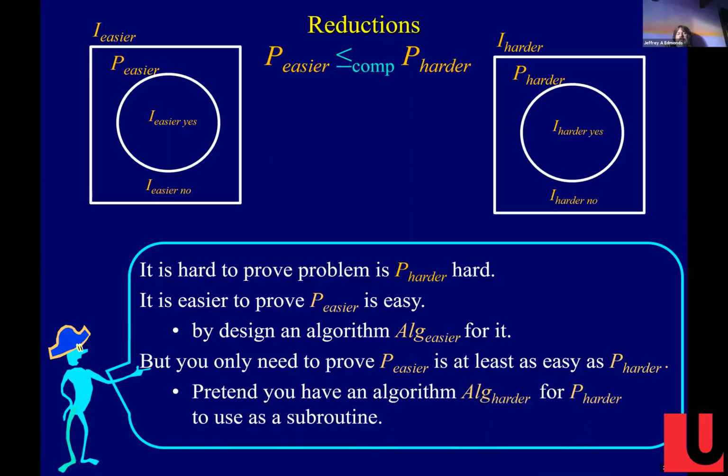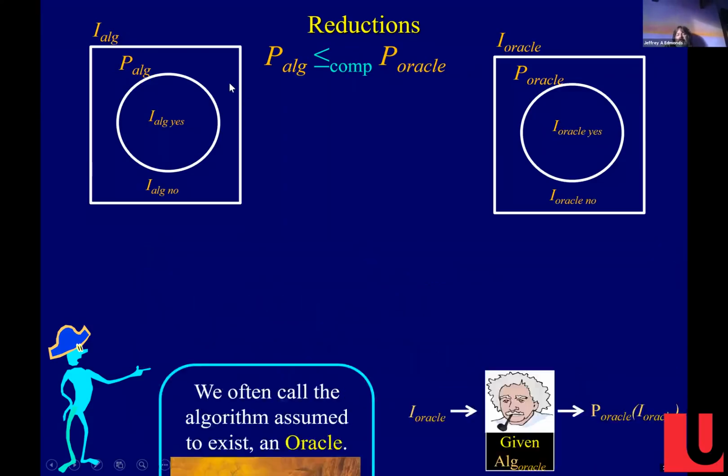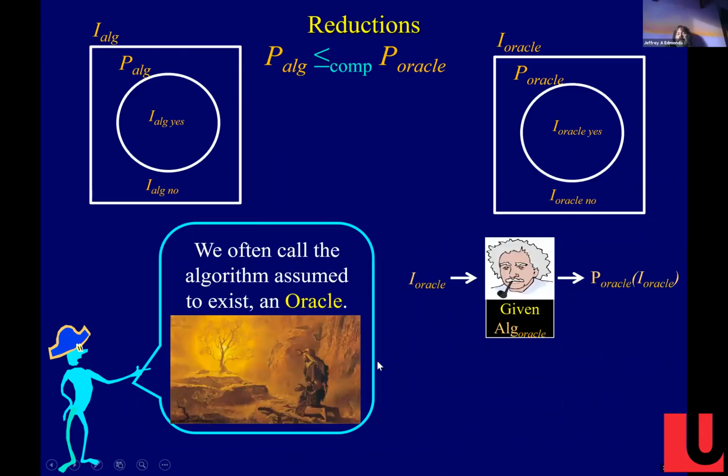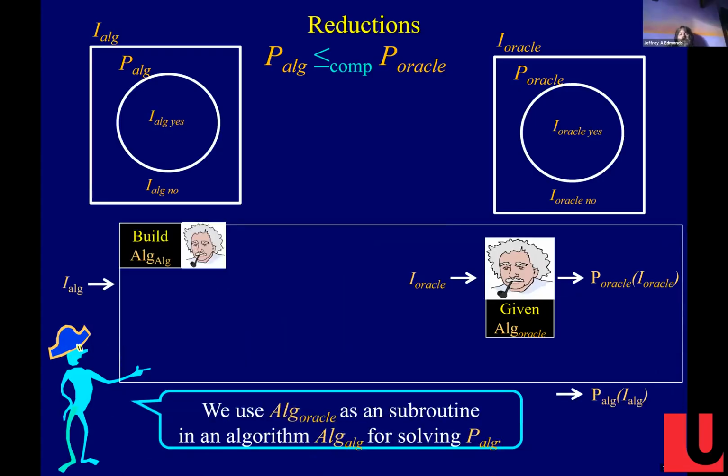So we pretend that we have an algorithm that solves the harder problem, and we use it to come up with an algorithm that solves the easier problem. Here, that's our oracle: this guy who solves the harder problem. Now our goal is to build an algorithm that solves the easier problem.